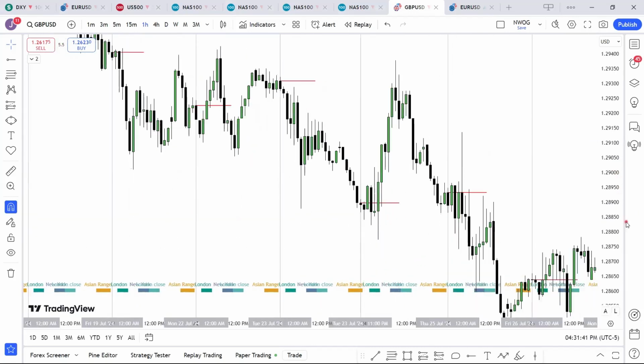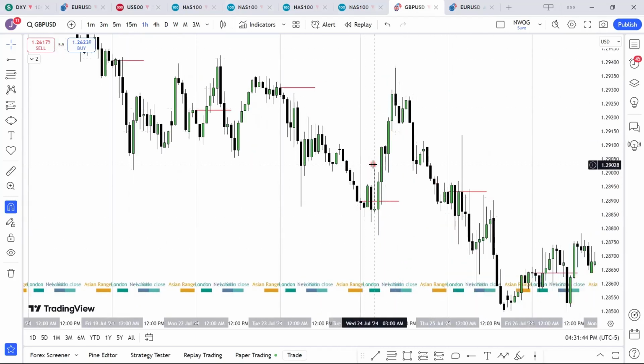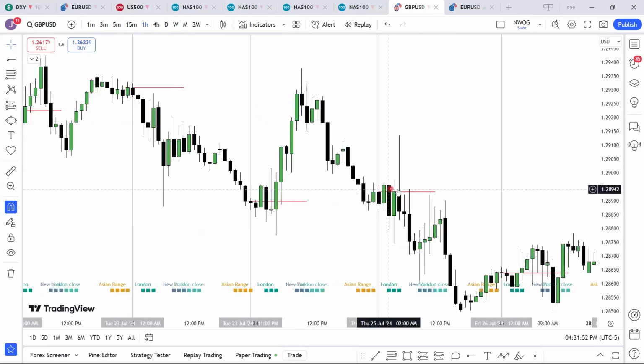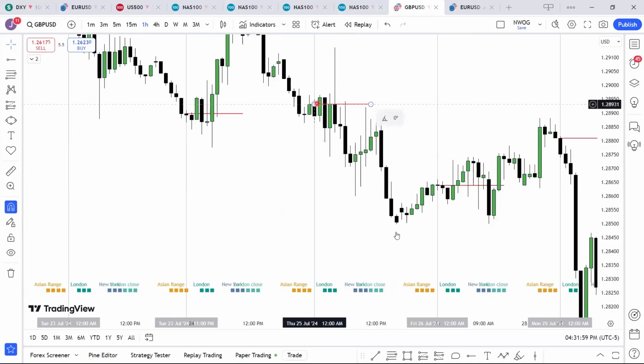At this point, probably you may take a loss because you may use this as an opportunity to sell and the price takes you out. Or you sell and then take your profit below this low, which is reasonable enough. Here again, another opportunity, price taking out this low, filling this void. Bearish order block, price rallied lower.